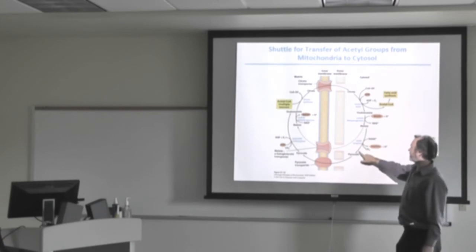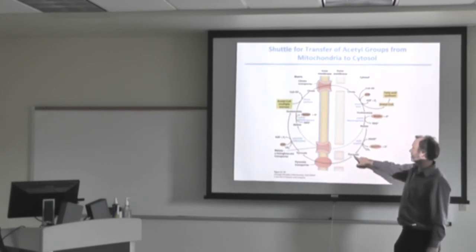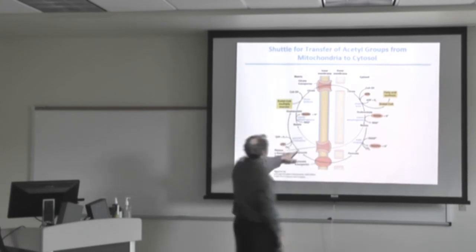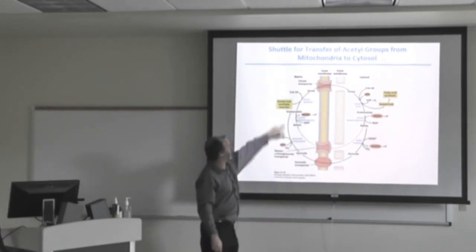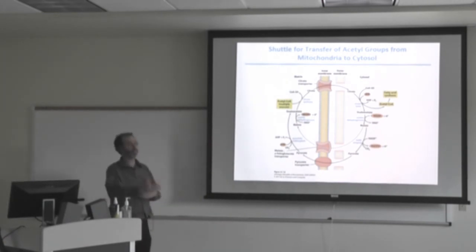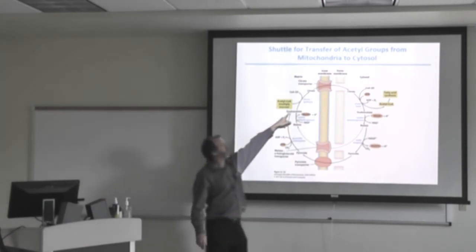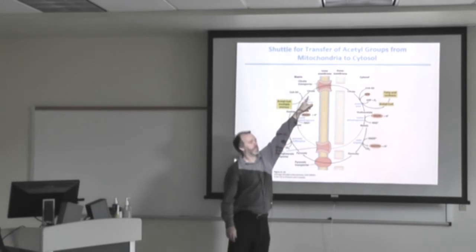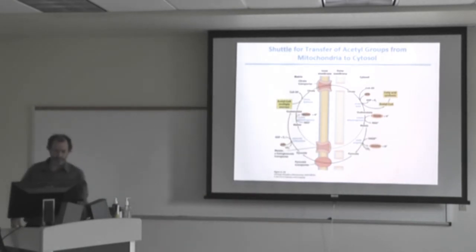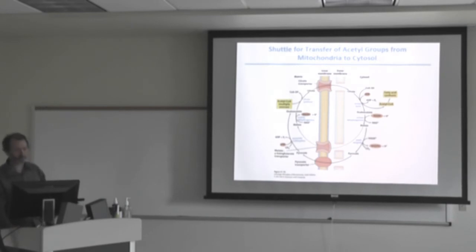And that produces, from malate, pyruvate. Pyruvate can then be transported in, where pyruvate carboxylase converts it back to oxaloacetate. And that oxaloacetate can then serve, again, as a precursor to citrate and continue that TCA cycle, or it's a precursor to amino acid synthesis.